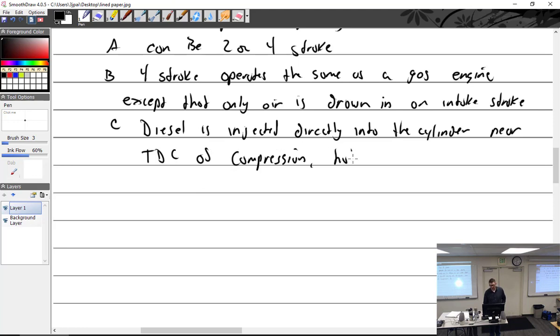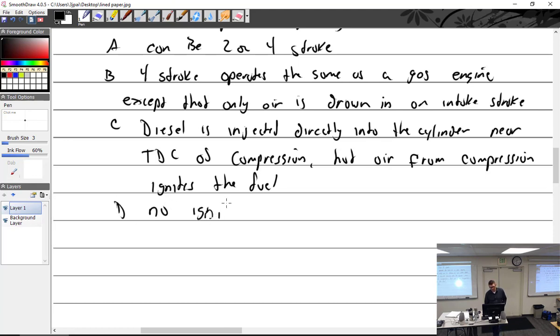Hot air from compression ignites the fuel. So no ignition needed. I say it's not used. But glow plugs are used for starting.